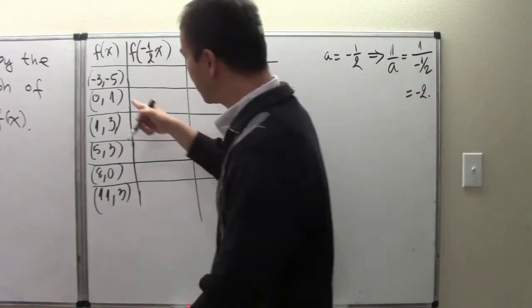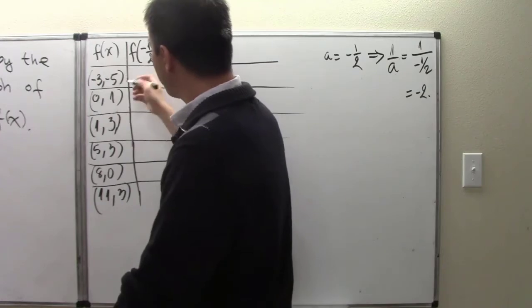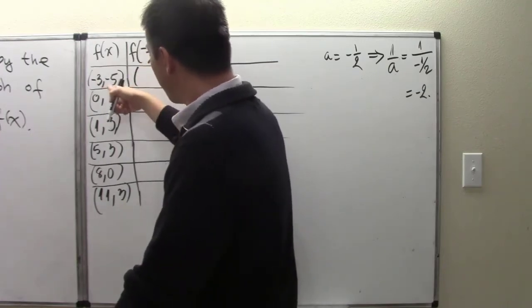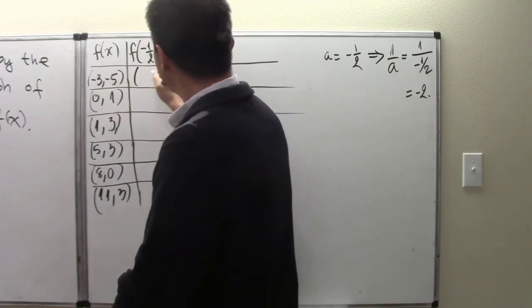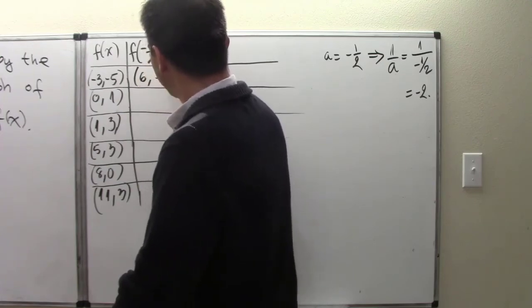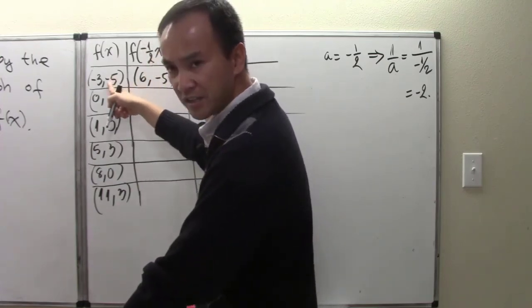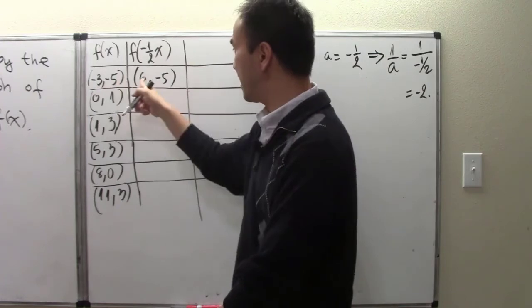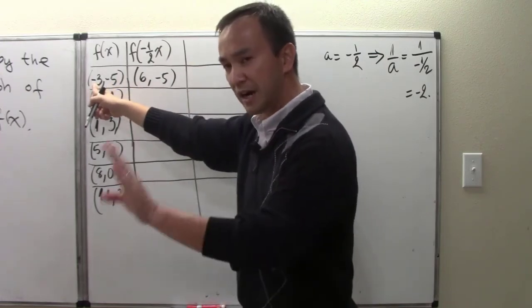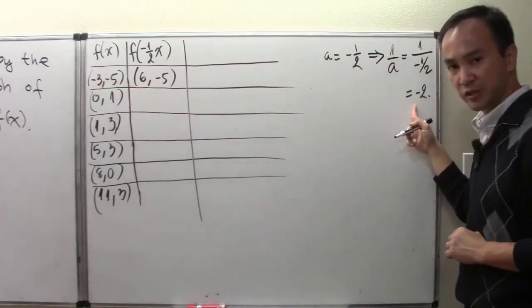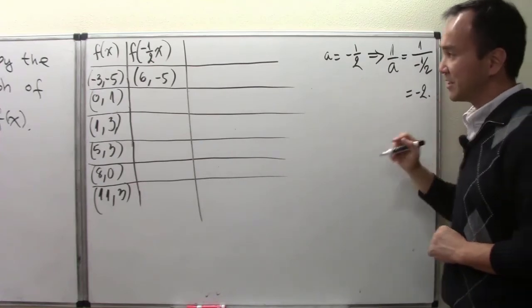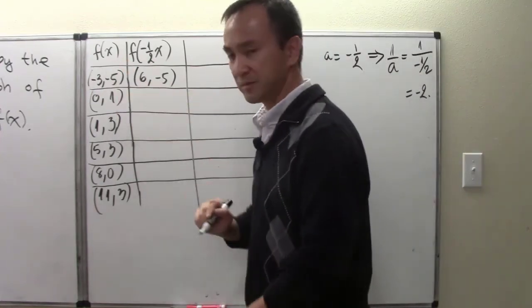So now that means this first point, negative 3 comma negative 5, is now transformed into positive 6 comma negative 5. Y value stays the same. Okay, the x value came from negative 3 times negative 2, because this is 1 over a. All right, and so negative 3 times negative 2 is a positive 6.